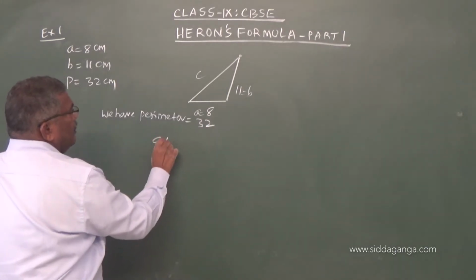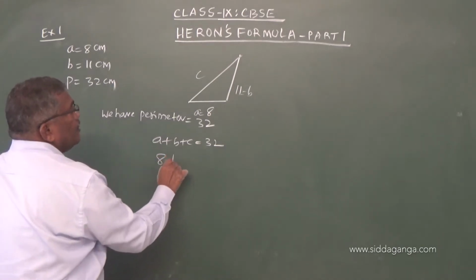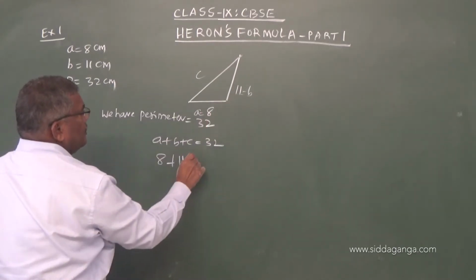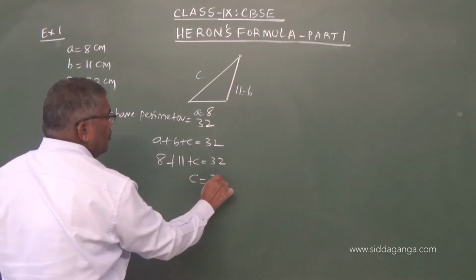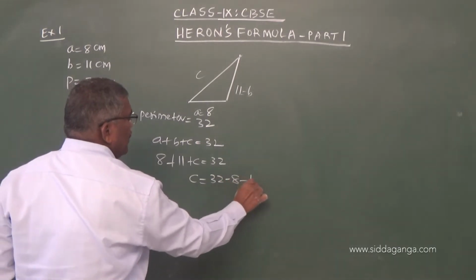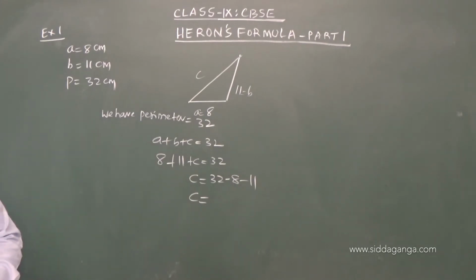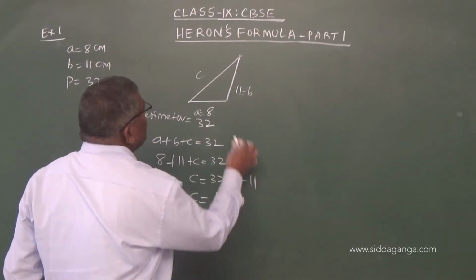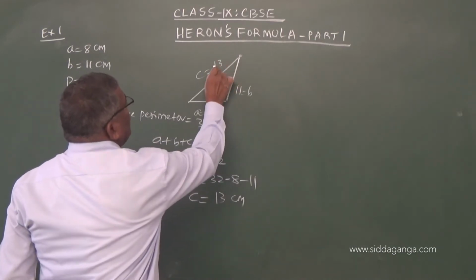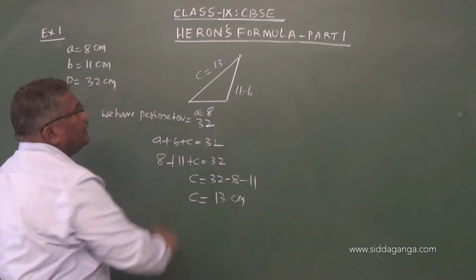So that is A plus B plus C equals 32. A is 8, B is 11 and C is not known, equals 32. So therefore C will be equal to 32 minus 8 minus 11. Calculate C. This is an easy problem. You will get 13 centimeter. 13 plus 11, that is 24, plus 8 becomes 32.